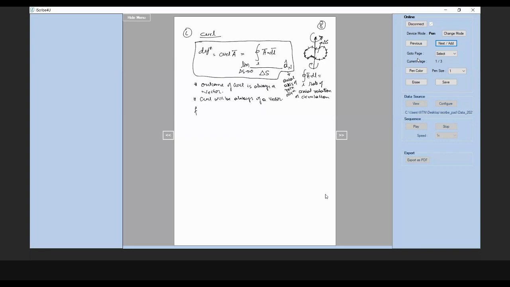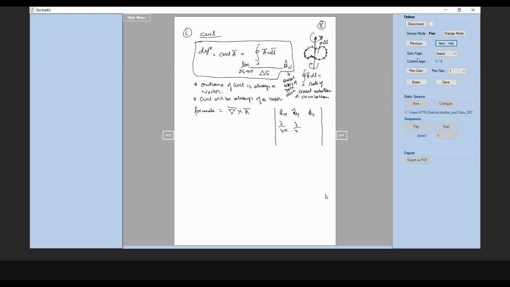As far as mathematical formulation is concerned, curl is equal to del cross A. If you take a dot, it is divergence. If you take the cross product, then it is nothing but curl. Now if you want to evaluate this, as per the rule of computing a cross product, this would be the situation.